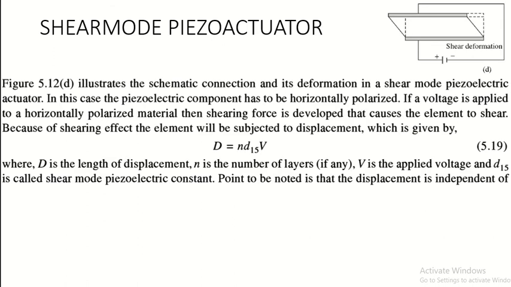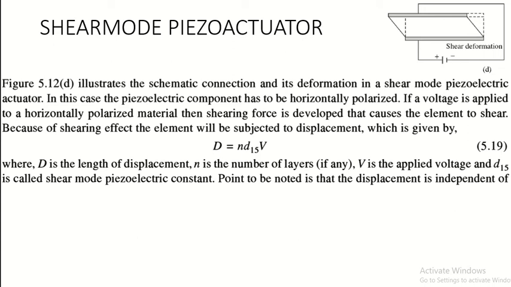If a voltage is applied to the horizontally polarized material, then a shearing force is developed. This shearing force will further cause the element to shear. Shear means the forces are applied in the tangential direction.